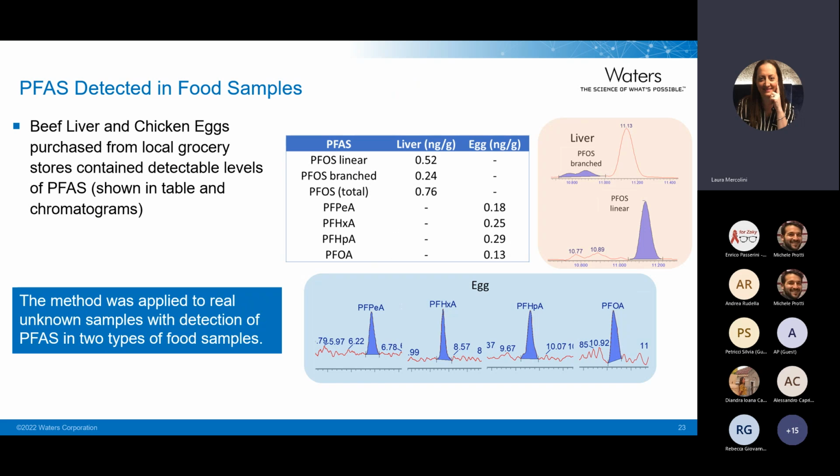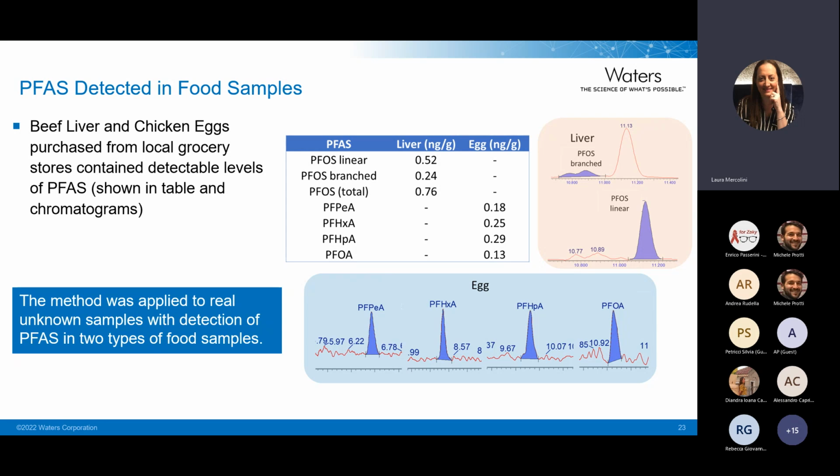To complete the job, we purchased some beef liver and eggs from a local grocery and tried to analyze them following this protocol. And we found PFAS in higher concentration.